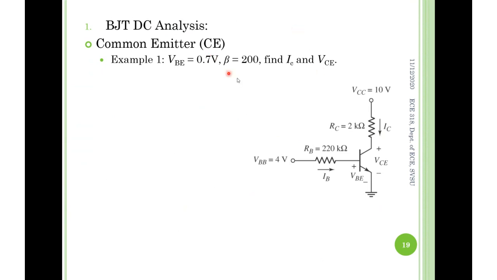Beta is given. Right, this is the current gain, remember? VBE is given as 0.7. And find IC and VCE.